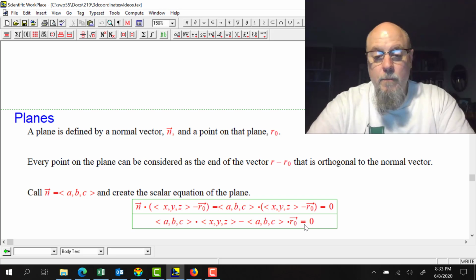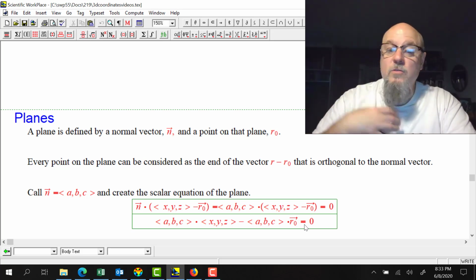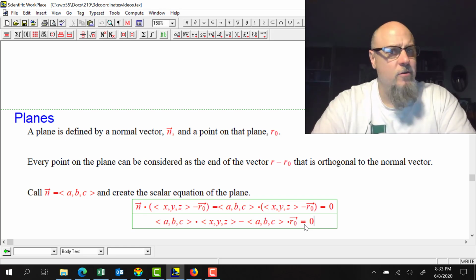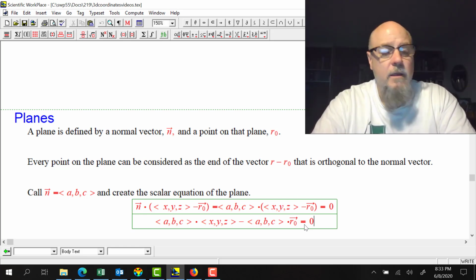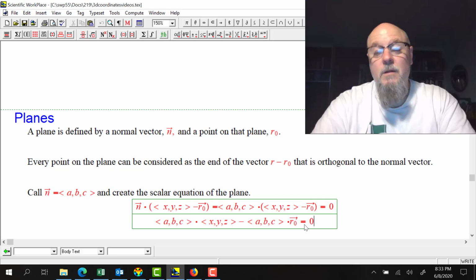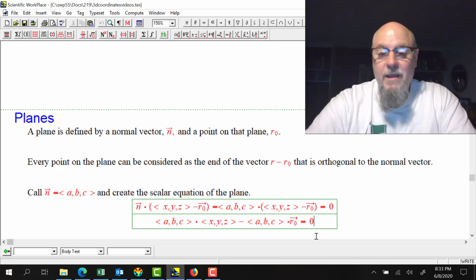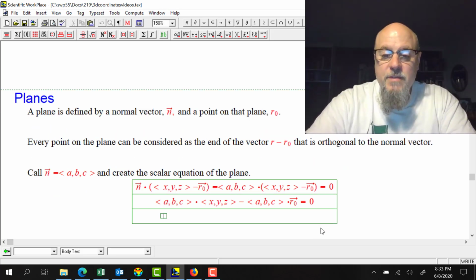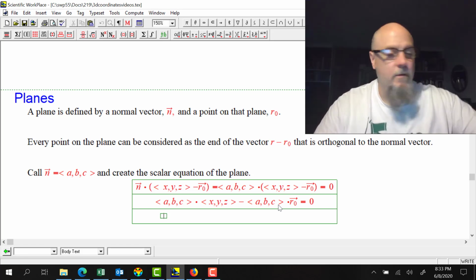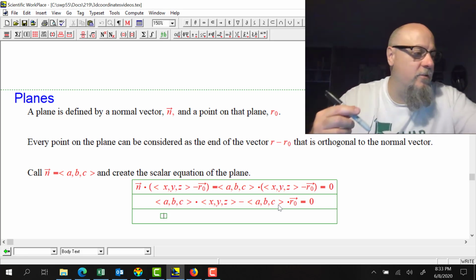And that equals 0. Now, because I want the scalar equation of a plane, and scalar means no vectors in my equation of the plane, I want to get rid of all these vectors. Let's move this, since this is minus. A, B, and C are numbers, given by whatever the normal vector to the plane is.